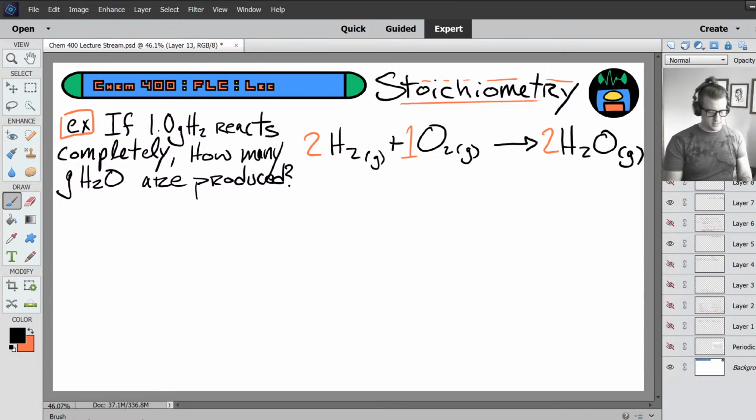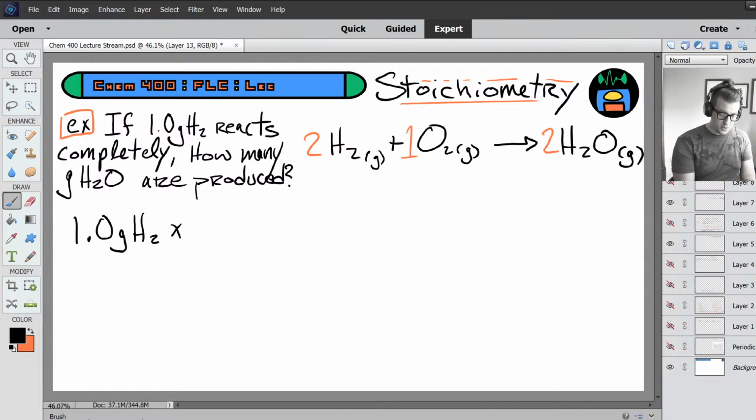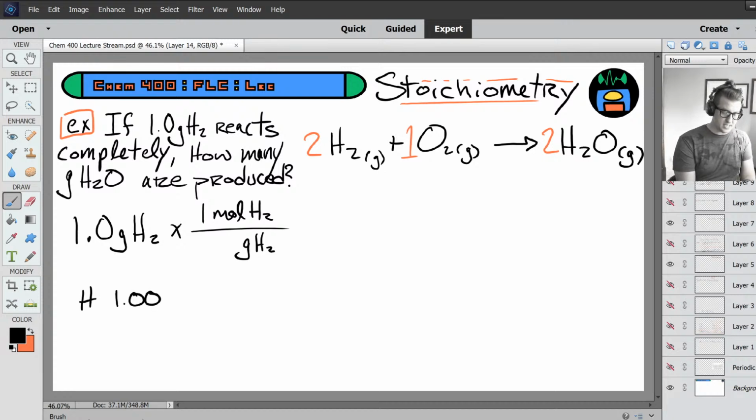All right, let's do this. So we have 1.0 grams of hydrogen, and we need a unit conversion that will cancel grams of H2 and leave us with moles of H2. Now we're going to have to calculate our molecular weight here. 1 atom of hydrogen has a mass of 1.008 AMU.